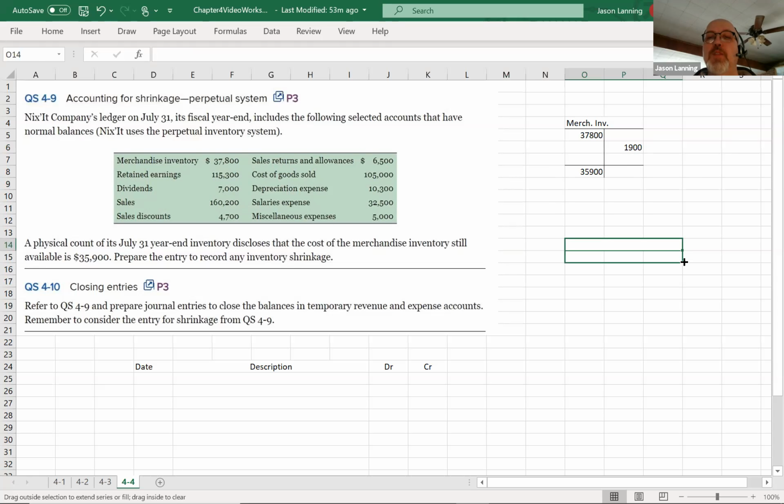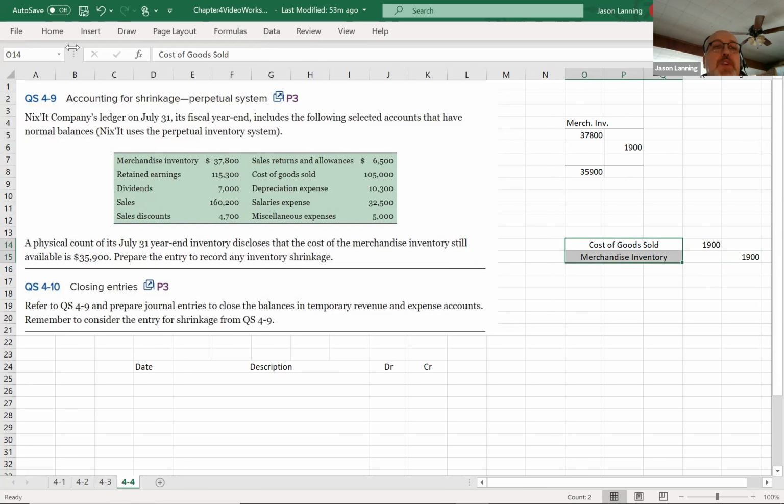We want to debit our cost of goods sold, because this is an expense to us. This costs us money losing this inventory. So we'll have cost of goods sold for the 1900, because we lost that inventory somehow. So merchandise inventory has to go down by 1900.